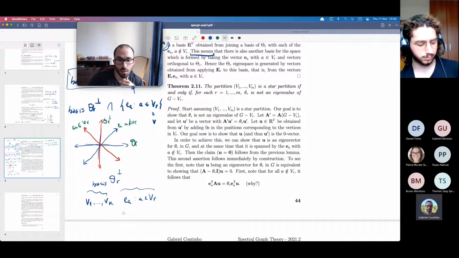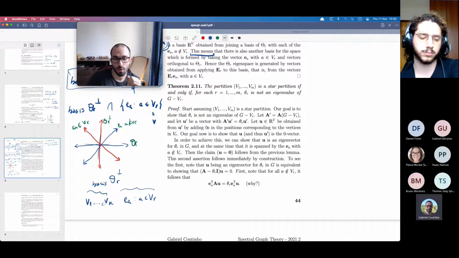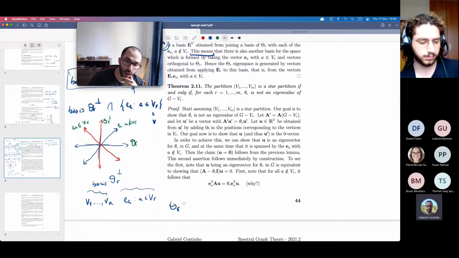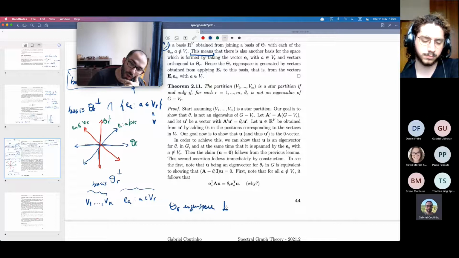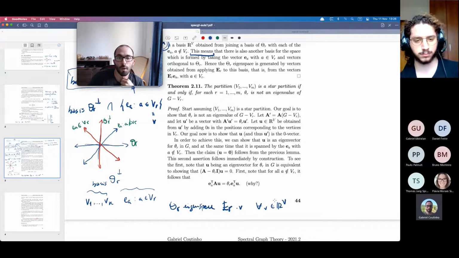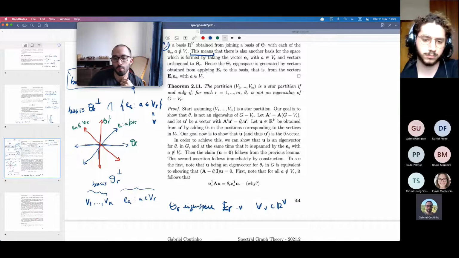So these two sets form a basis for the space. Now, any vector is written in terms of these guys. And then the theta r eigenspace is generated by things of the form e sub r times v for all vectors v of the space. So these are all possible things.